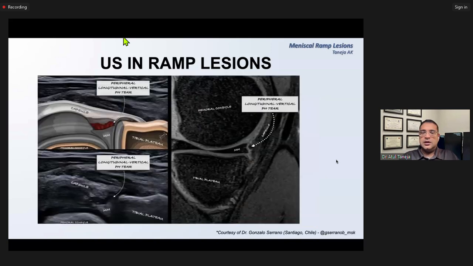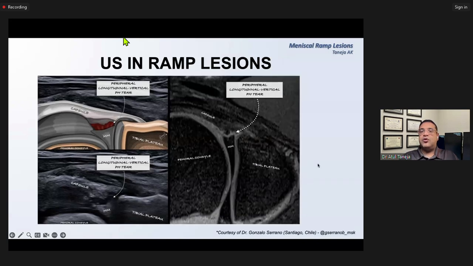It's another case, and that's the correlation of the ultrasound image. You can see the gap during the flexion movement. That's the meniscal capsule disruption, and that's the correlation of the same patient's MRI, type 4, in the same position.